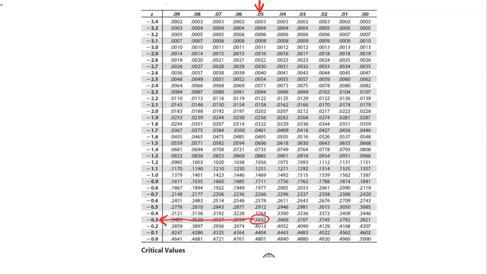So when I went out to the left, it gave me the negative 0.3. And then when I go up to the top, it tells me that the second place after the decimal is the 5. So that's our z-score.